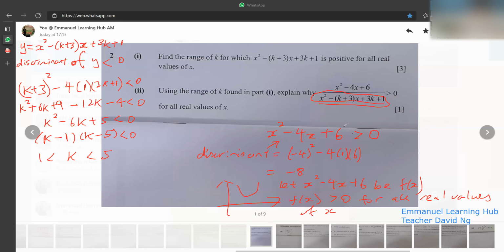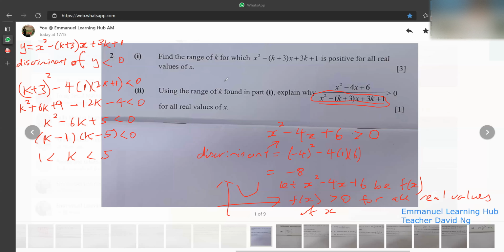If this value is always greater than 0, therefore this is positive, this guy is positive, hence positive over positive will always be greater than 0. That's the reason why this whole expression will always be greater than 0. You understand? Yes. That's the reason.